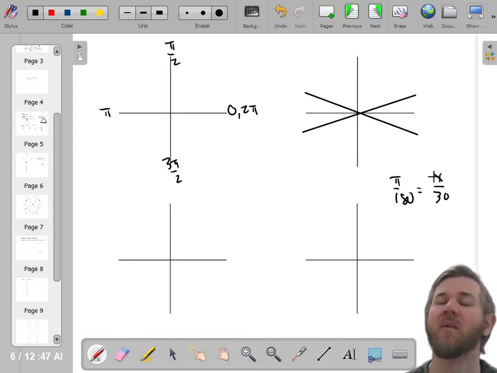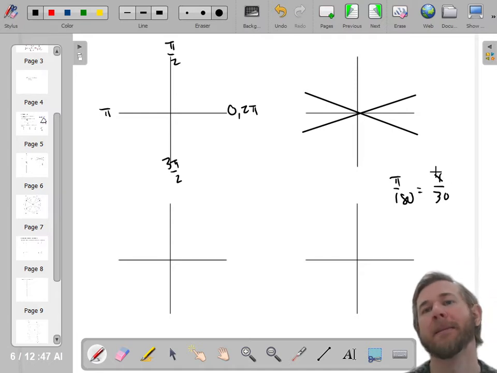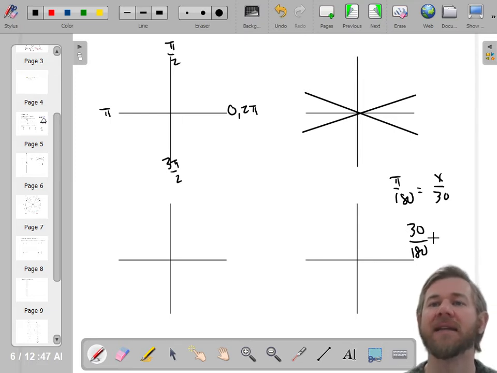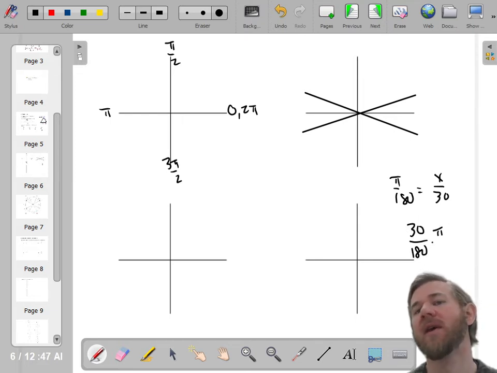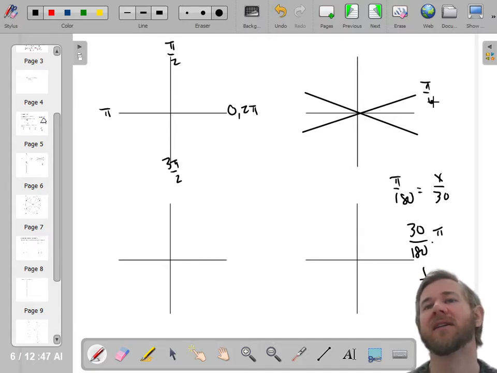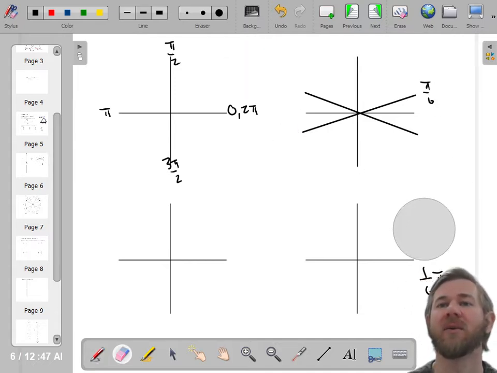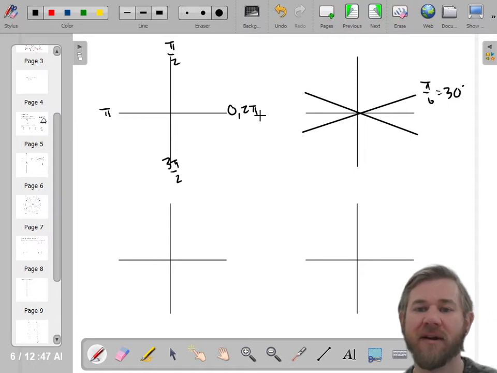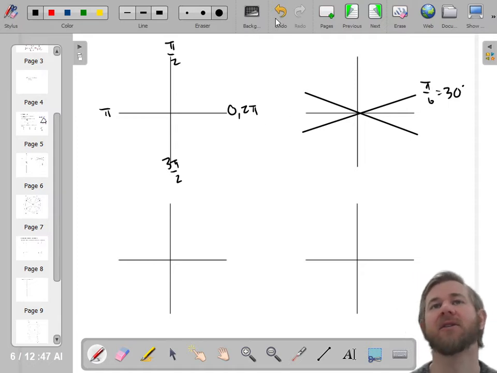If I want to figure out what this would be for a 30-degree reference angle, you multiply both sides by 30, so it's 30 over 180 times pi. 30 over 180 is 1/6. So this is pi over 6, 1/6 pi. Or the easier way to think about it is 180 divided by 6 is 30 degrees. So these are my 30-degree reference angles. Pi over 6 is 30 degrees.